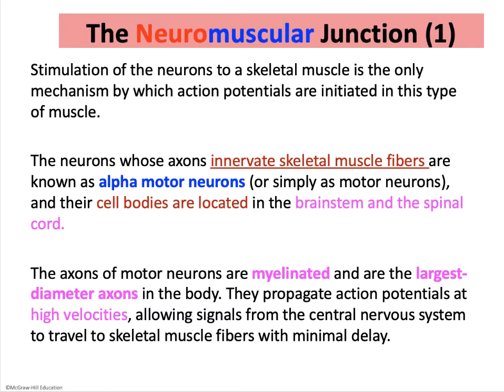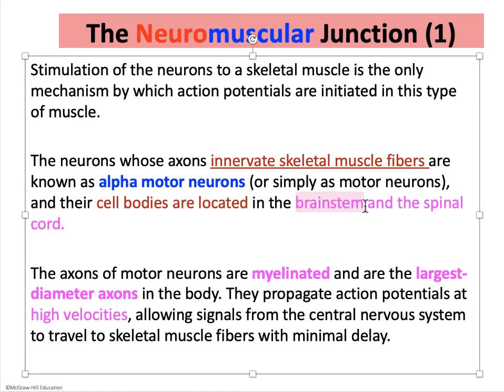Under normal physiological conditions, skeletal muscle has to be activated using motor neurons. The point at which the nerve makes contact with the surface of the muscle cell is known as a neuromuscular junction. By anatomical design, motor neurons always have their cell bodies located either in the brainstem or in the spinal cord. But that's a subject of another chapter.